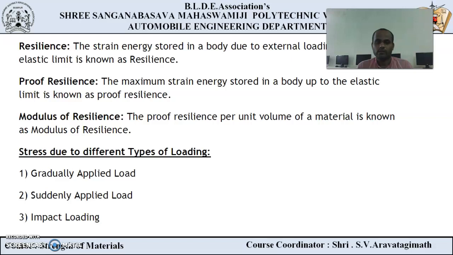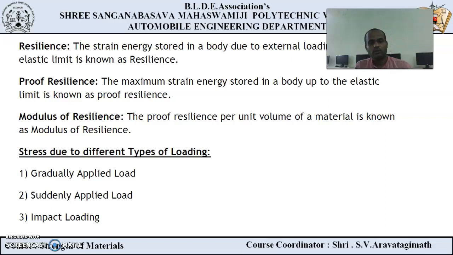Proof resilience means when the load applied on the material is maximum, at that point the energy stored in the material is also maximum. So the maximum strain energy stored in a material up to the elastic limit, without permanent deformation, we call the proof resilience.